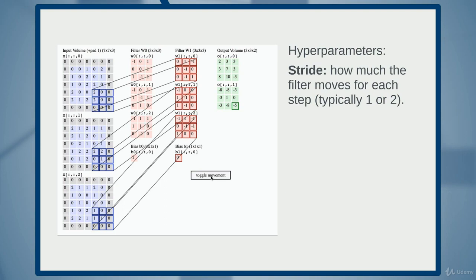And because of that, it's actually going to downsample the input. When we take a stride of greater than 1, we actually shrink the input volume, and that's exactly what you're seeing in this demonstration. So a stride of 3 or more would do that drastically, and we could lose a lot of critical information, and that's why we wouldn't want to generally use a stride larger than 1 or 2.